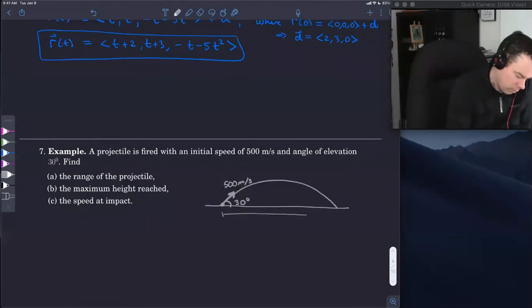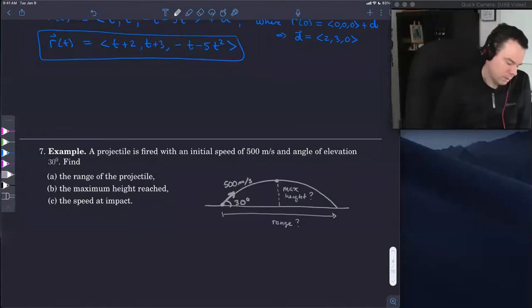We want to know what is the range of the projectile, so how far has it traveled? What is the maximum height? And what is the speed of impact? So when it impacts over here, at what speed is the particle traveling?